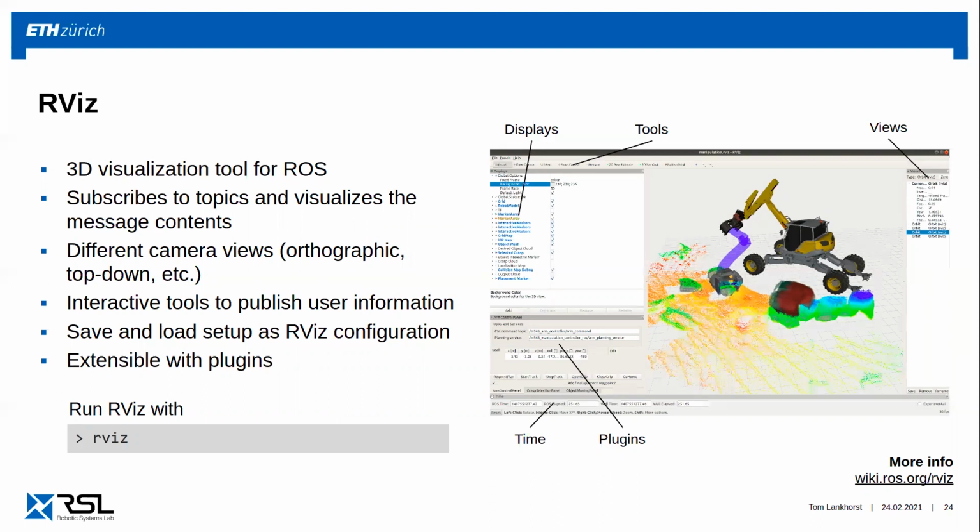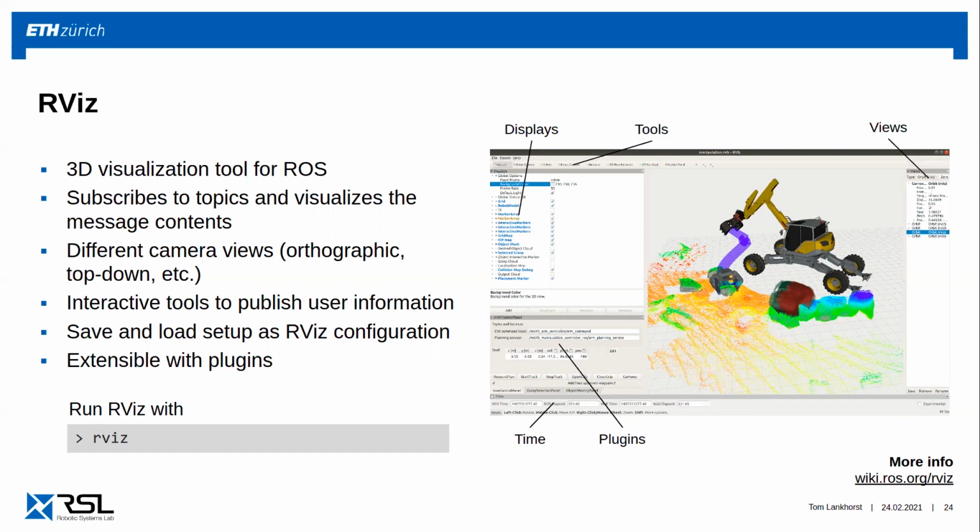It allows you to subscribe to topics and visualize what is in these topics. Now, for a string, for example, that might not be very interesting, but you can also have messages that encode point clouds or robot poses. And in those cases, it's very useful to visualize what is going on in your RViz visualization tool.